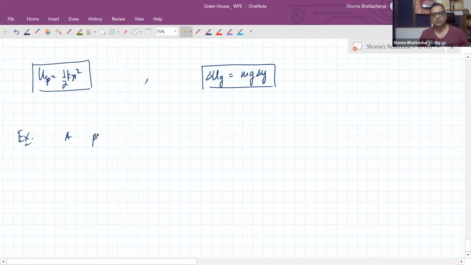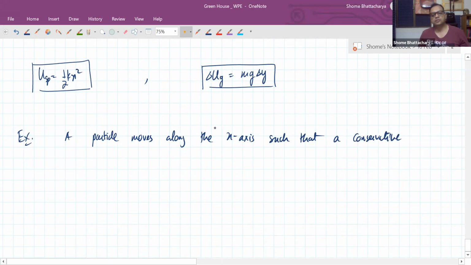Okay, so let's say we have a one dimensional system, or a particle moves along the x-axis such that a conservative force given by F is equal to alpha by x square, where alpha is the constant, acts on it.